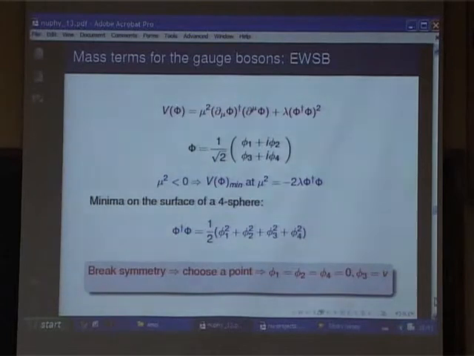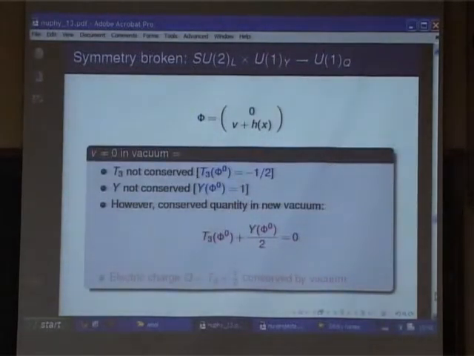We choose a point on this sphere which has phi 1 equal to 0, phi 2 equal to 0, phi 4 equal to 0, and phi 3 equal to v. You have to choose some point, therefore we chose this. Now we see what has happened.